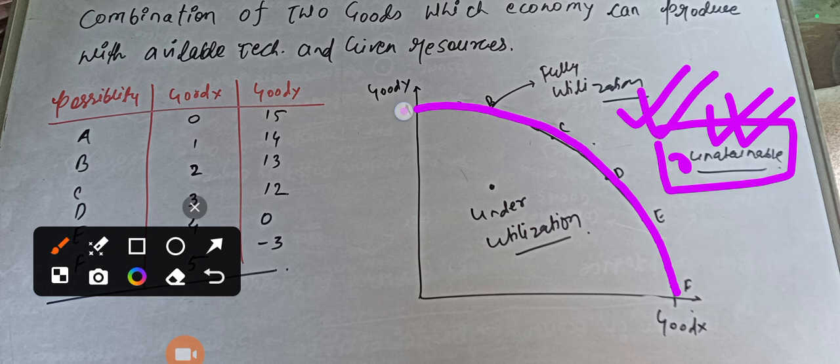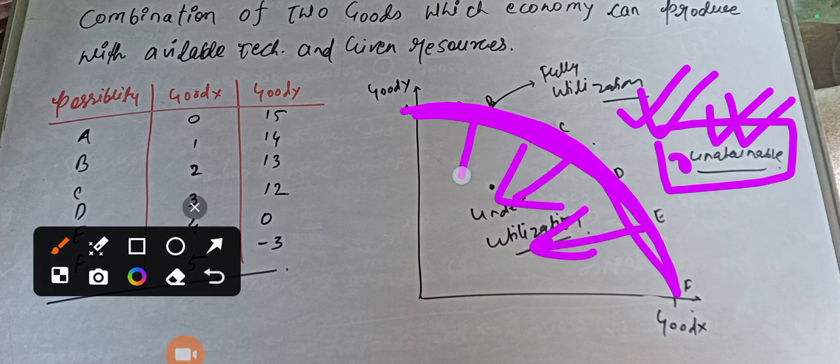We have limited resources and technology, and under this only can we produce and distribute resources among the two goods. If any point is outside of this curve, then it is called an unattainable point. Hope you have got it, guys.